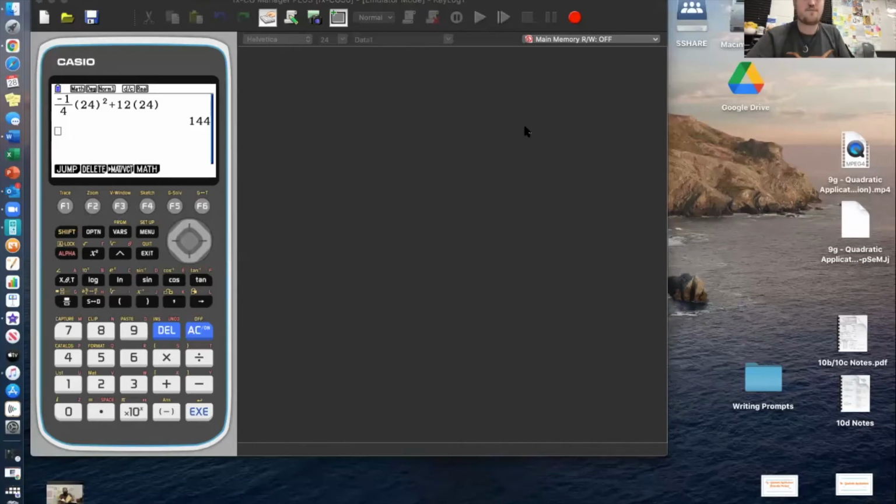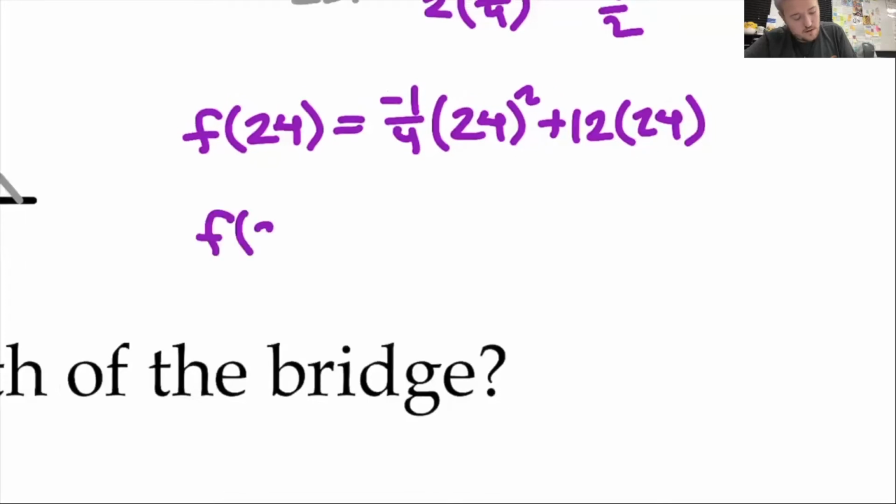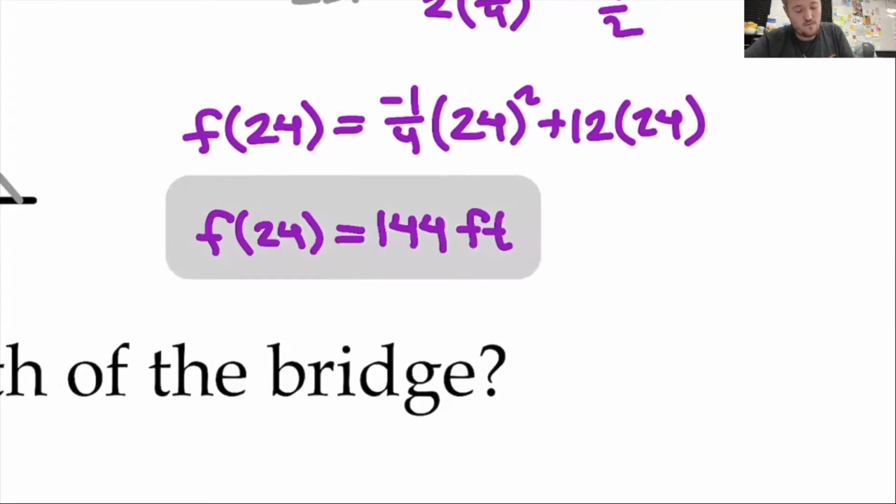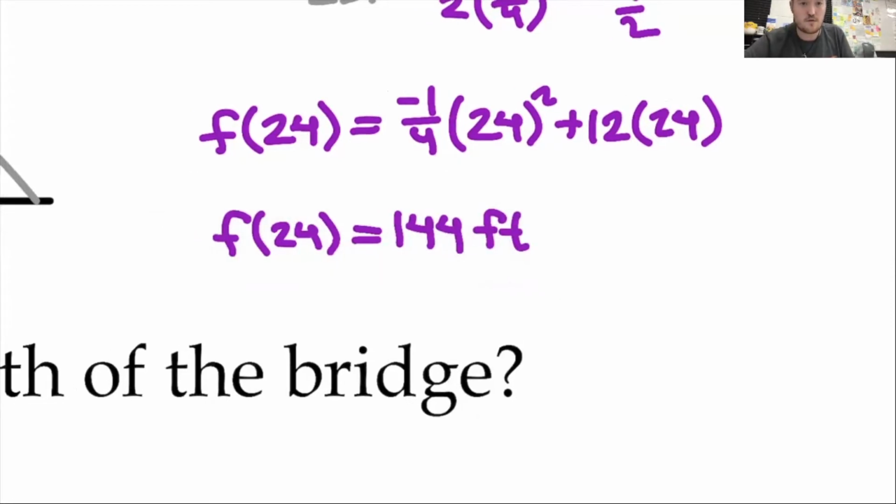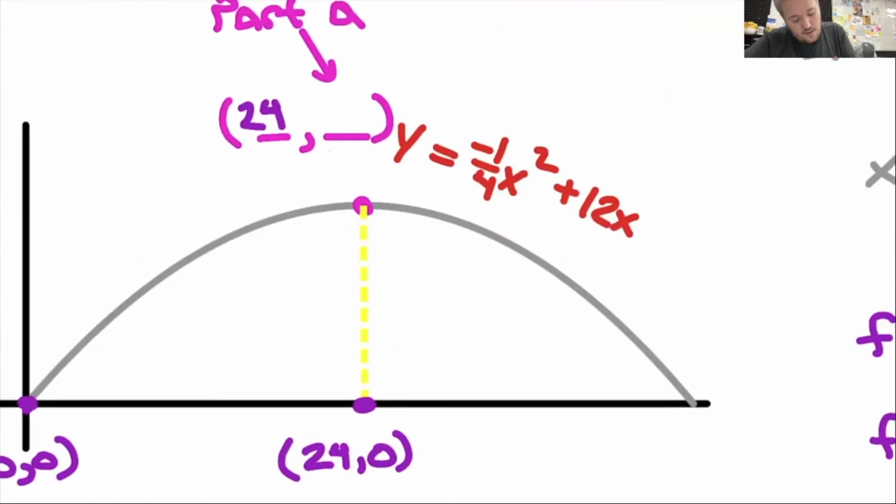There we go. All right, so when you get your value, you get a maximum height of 144 in terms of feet. Oh, well, I gave you words. I want words in return. So just to put it in perspective, this is now 144.